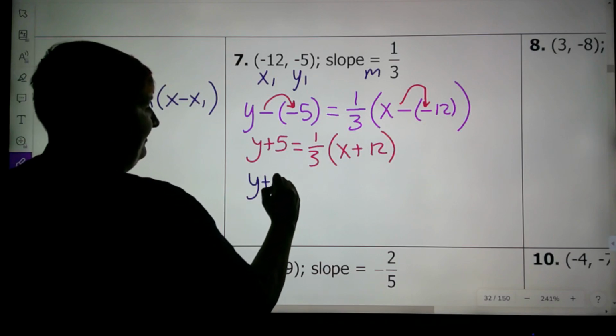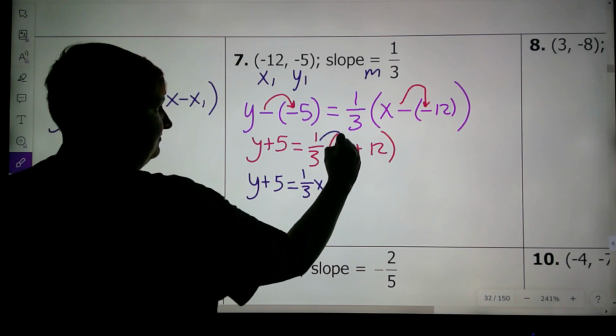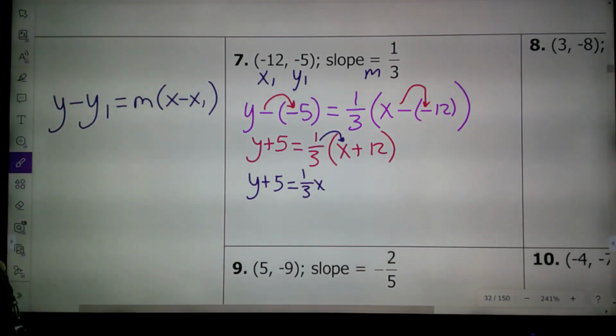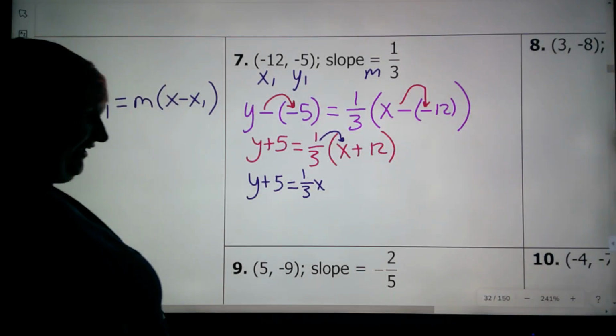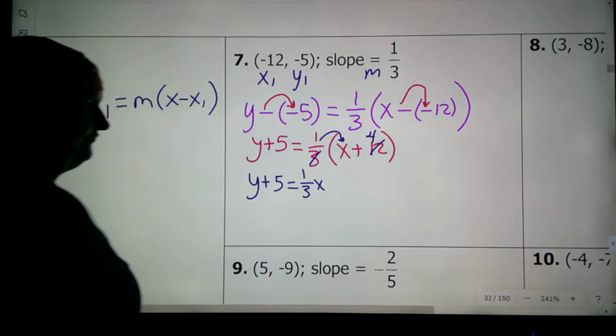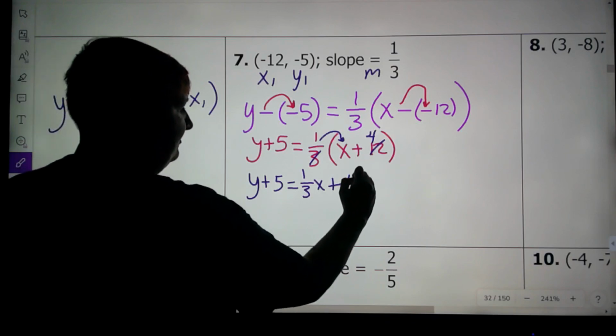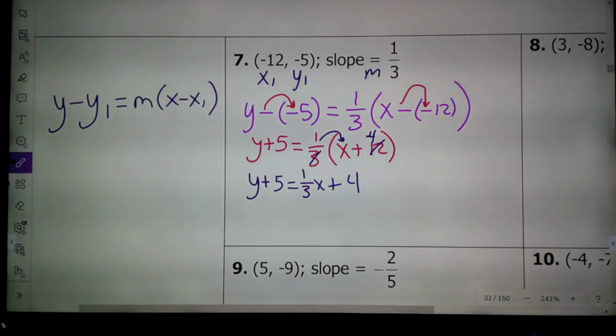y plus 5 equals 1/3 x. 1/3 times x is 1/3 x, and 12 divided by 3 is 4. 1 times 4 is 4.